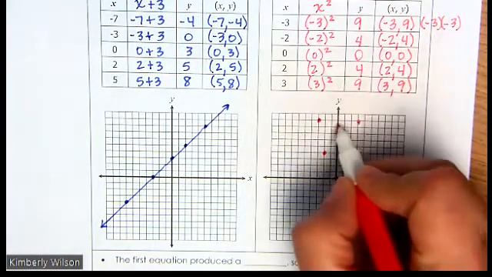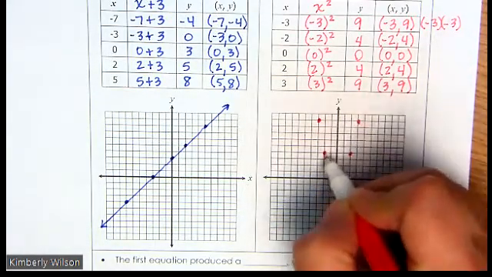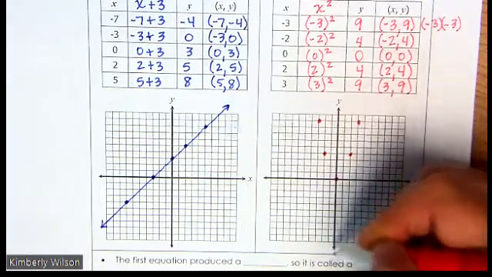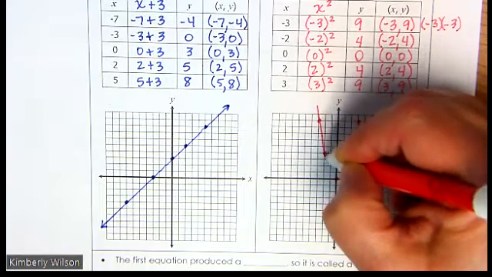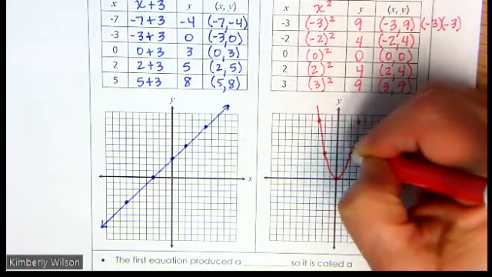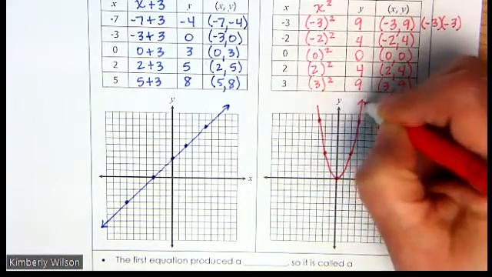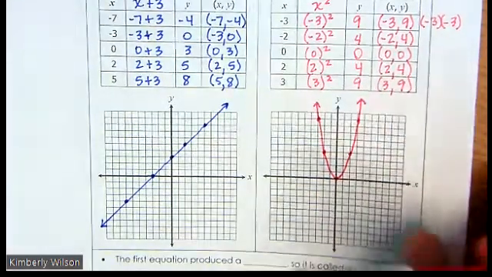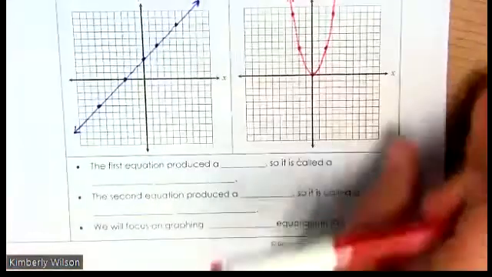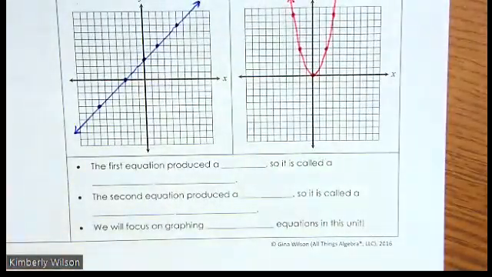You'll notice these are exactly the same distance from what we call the axis of symmetry. You'll learn more about that next year. And now we play connect the dot. Now, when you're doing this, this may look like a V, but it is not. It's what we call a parabola. It's a U shape.